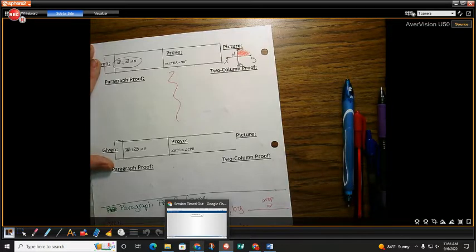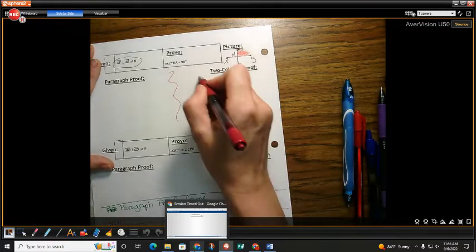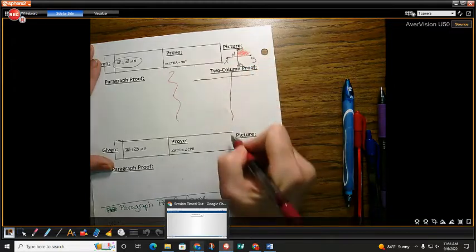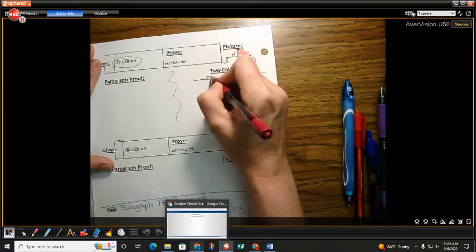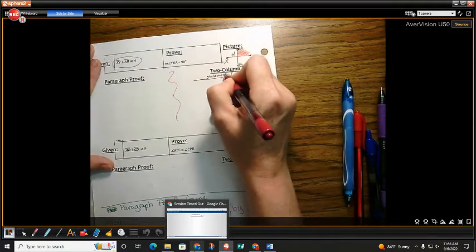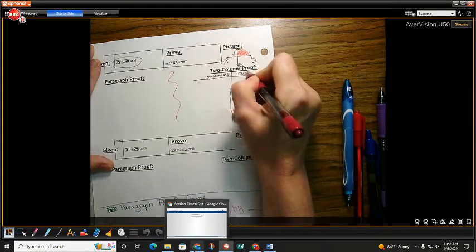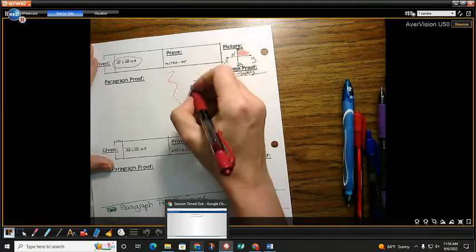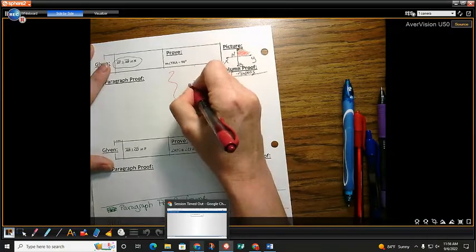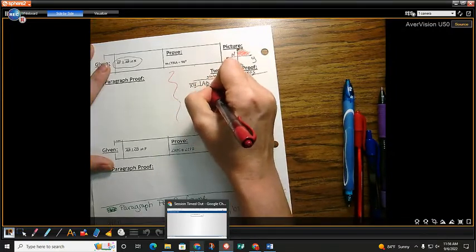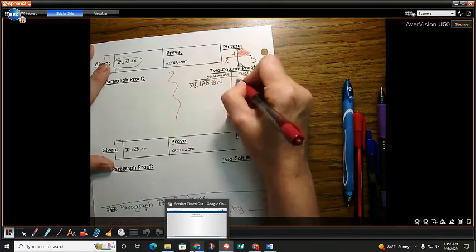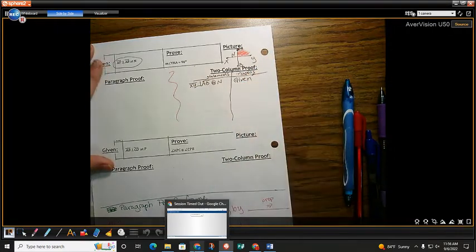And so what do we always start with? The given. So I'm going to make my 2 columns. I have my statements on the left, and I have my reasons on the other side. And the first thing I can state is that XY is perpendicular to AB at N. That's a given.